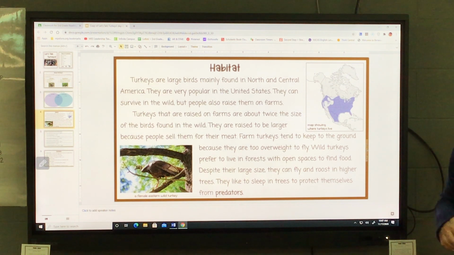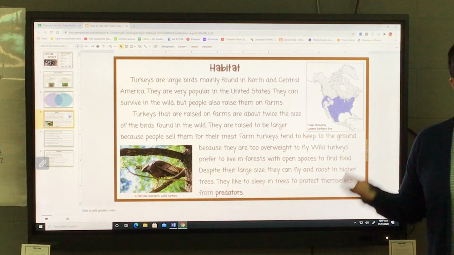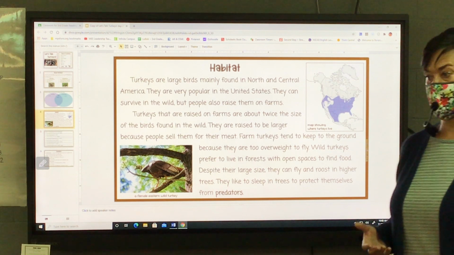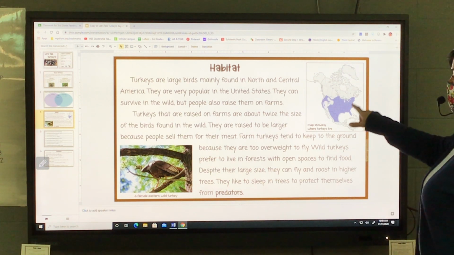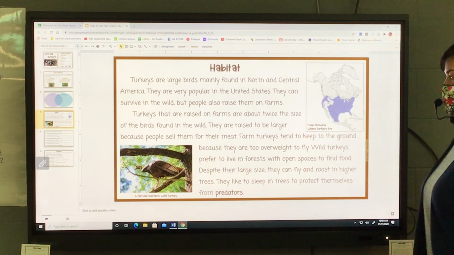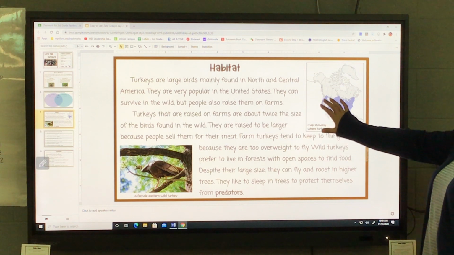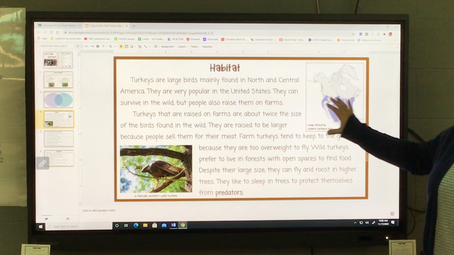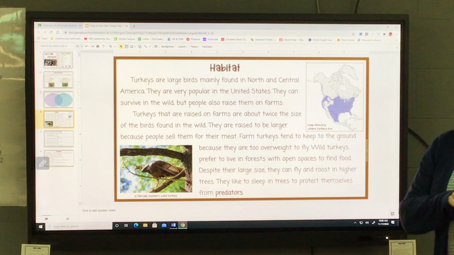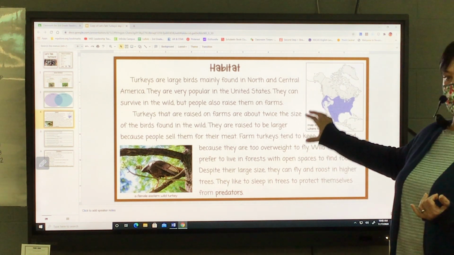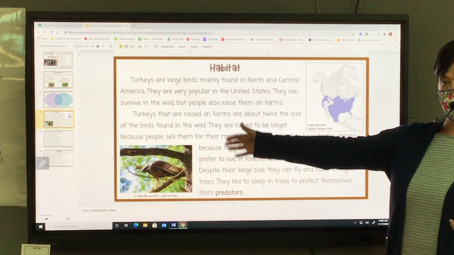Yeah, like the wild turkeys, the farm turkeys that we have around here. They're in lots of places around the United States. So this is also a text feature. The caption for the map, the caption for the picture.